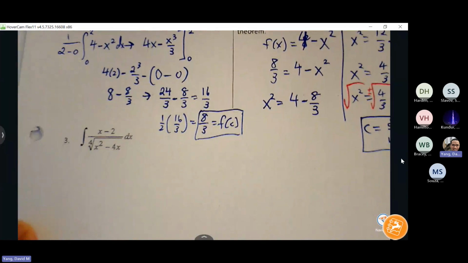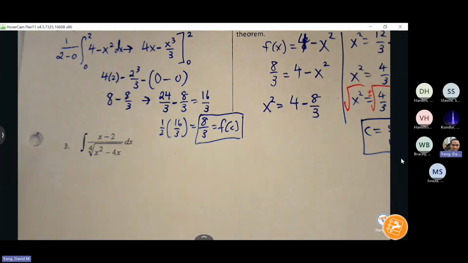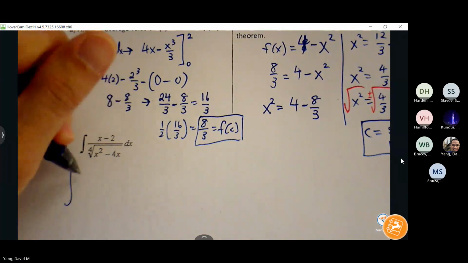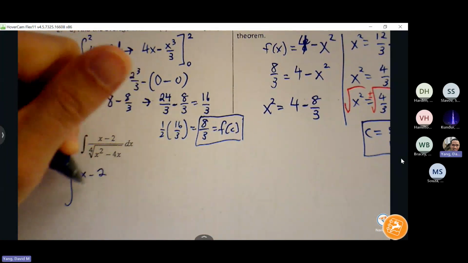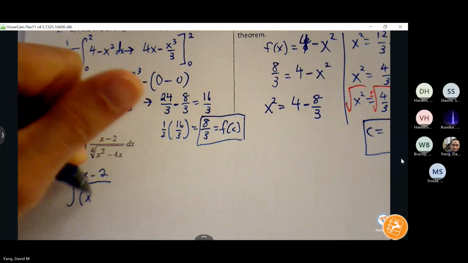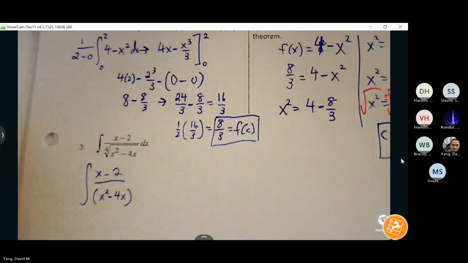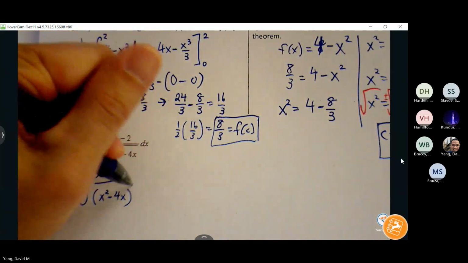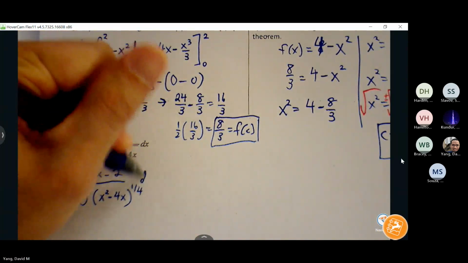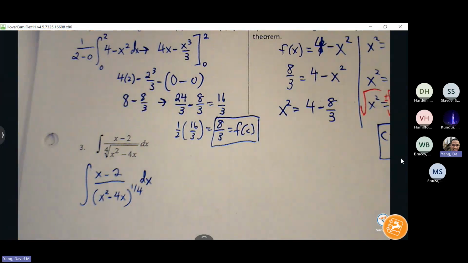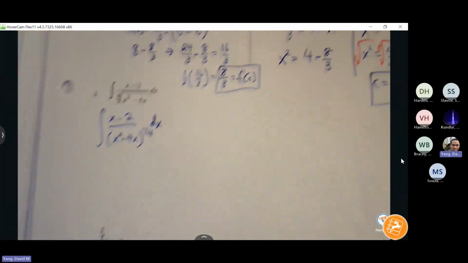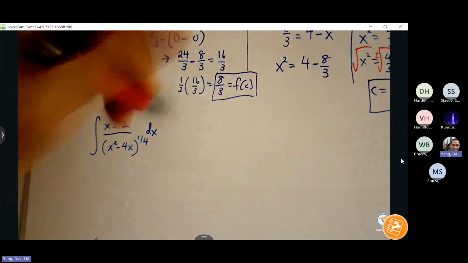Okay, so we know u substitution is going to be our next option. Let's get our parentheses to show up, raised to the what? Okay, what's our u value? x squared minus 4x.